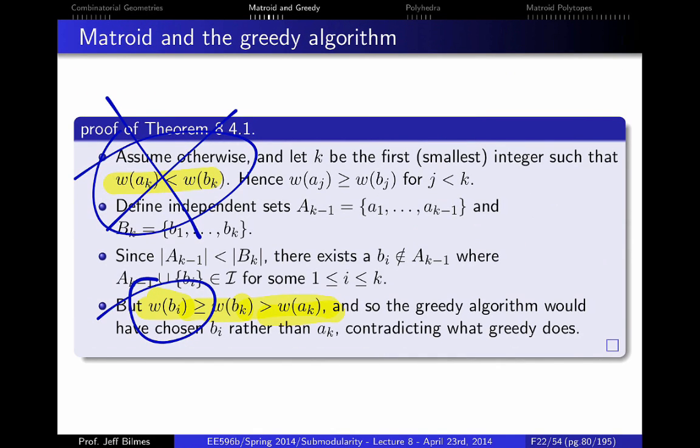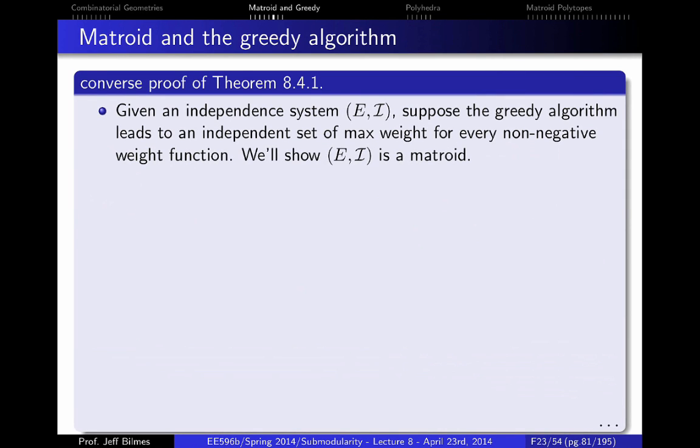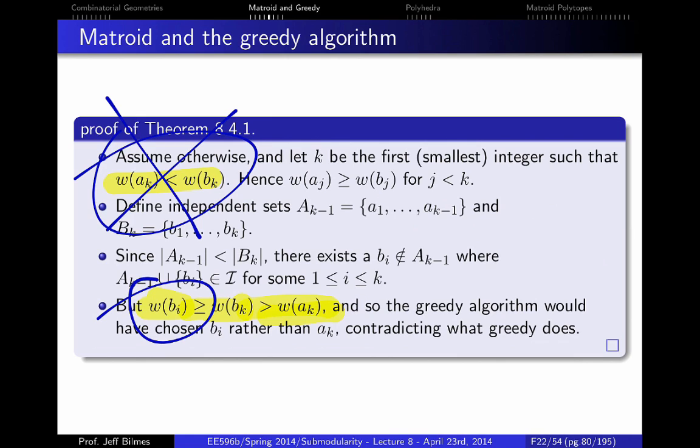Okay, any questions? Okay, so now the converse says, and this is really what's cool. Yeah, question? Can you explain why w(B sub i) is greater than w(B sub K)? Because we've ordered them decreasing by weight.